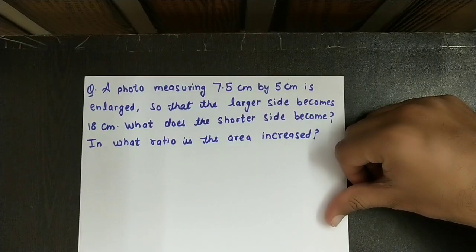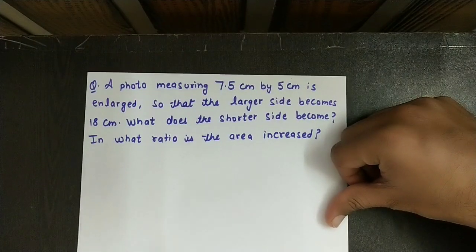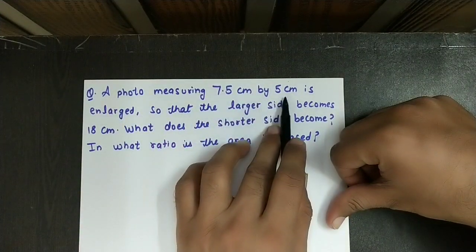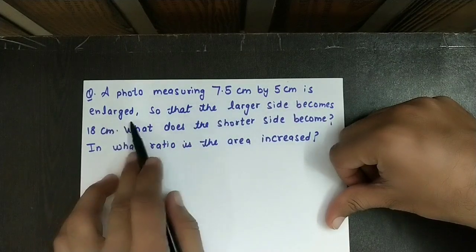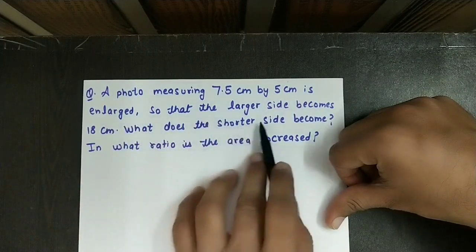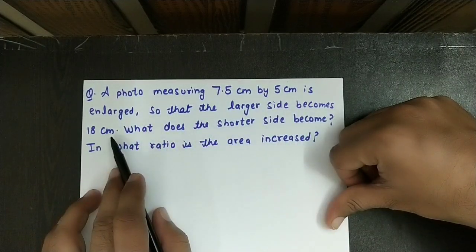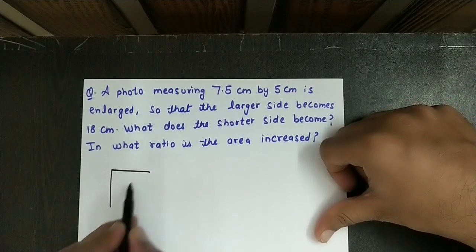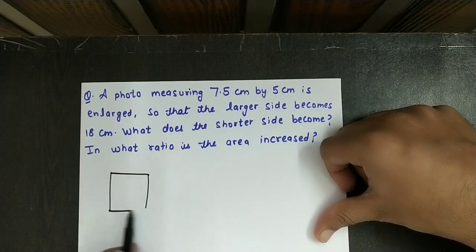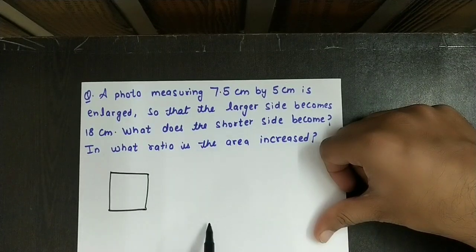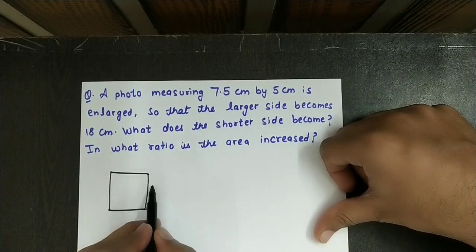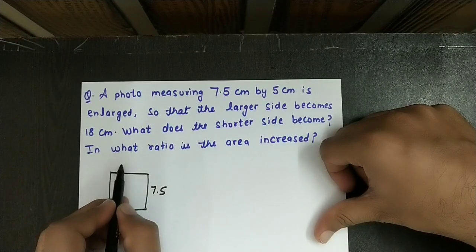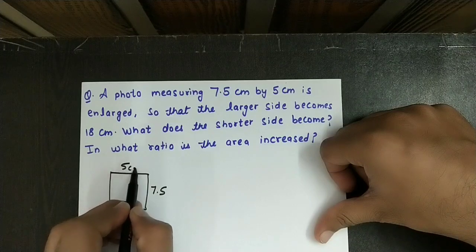So the next question is, a photo measuring 7.5 centimeter by 5 centimeter is enlarged so that the larger side becomes 18 centimeter. You know the photo frame is like this. Earlier it was 7.5 and 5 centimeter.